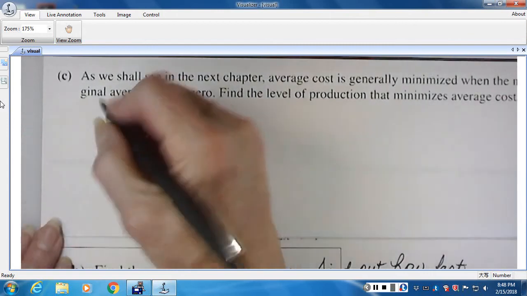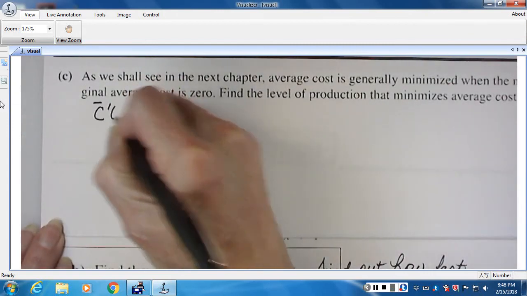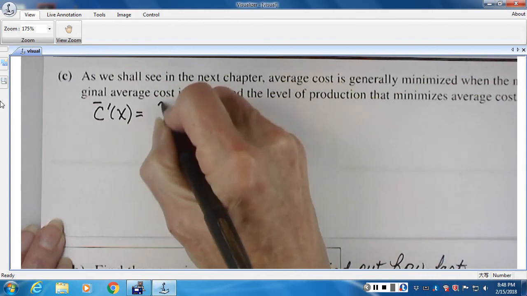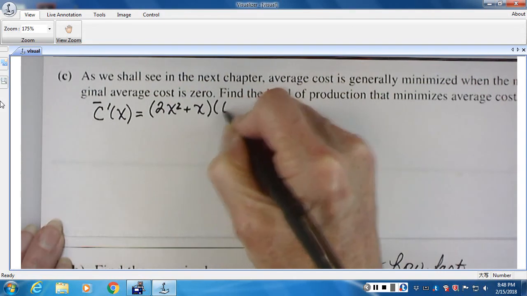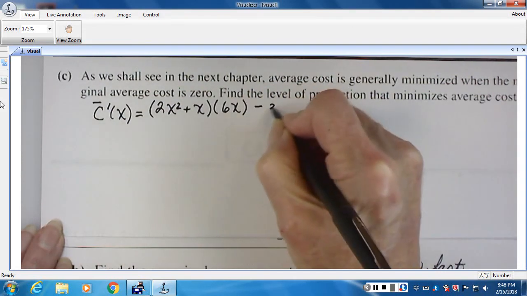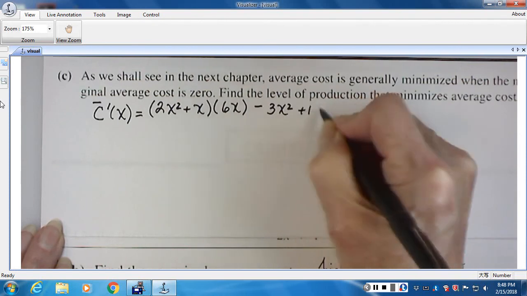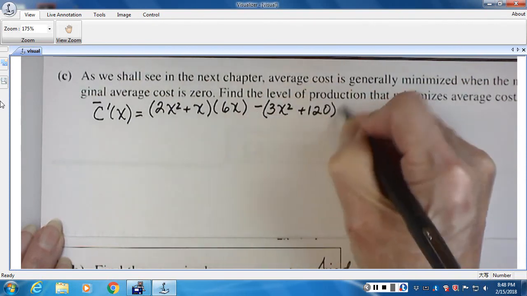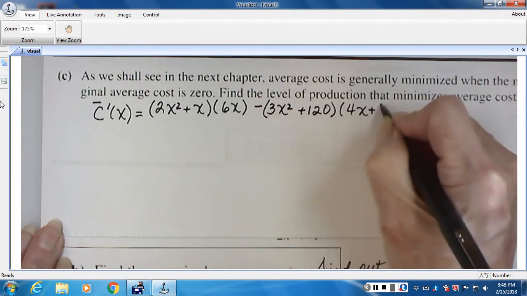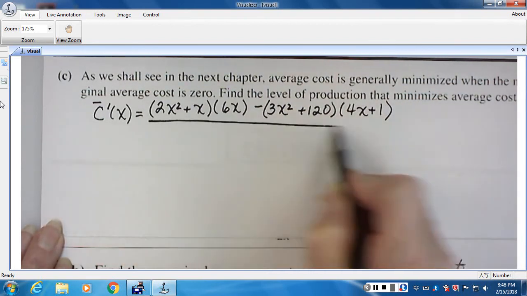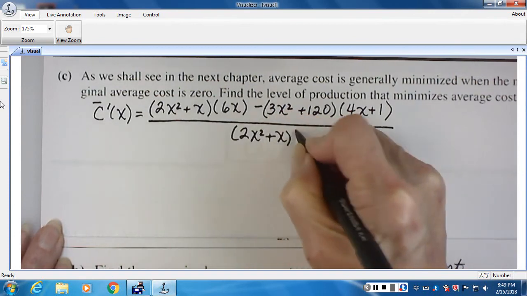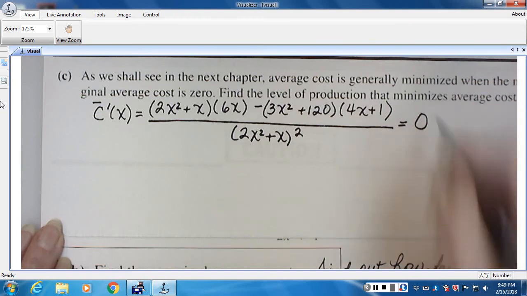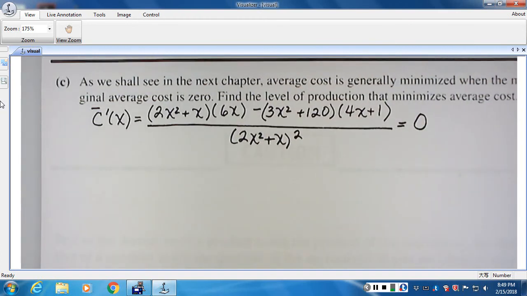Let me recopy it first. That's what we want to do. We want to solve that.